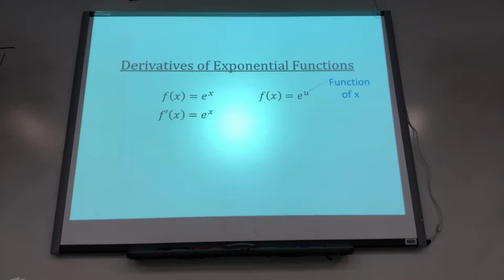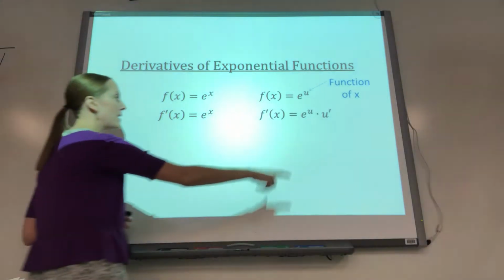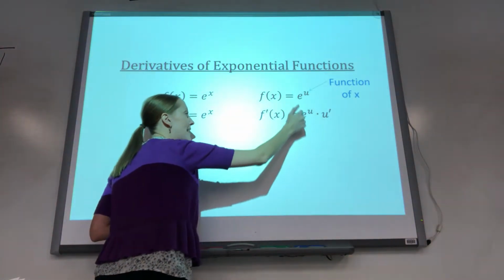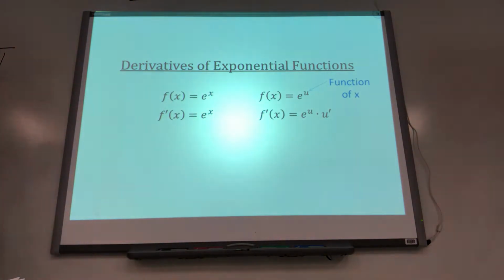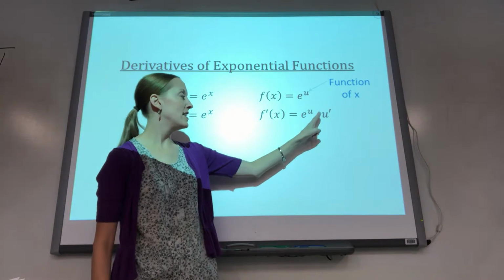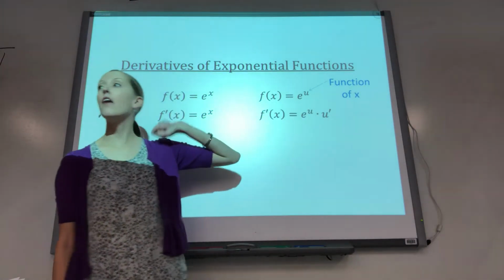It might be 2x, it might be 3x squared, it might be x plus 2. It's something other than x. And so here's how you take the derivative of that. This is f prime right here, it's going to be exactly what it started out as, e to the u power, but then you multiply that by the derivative of u.